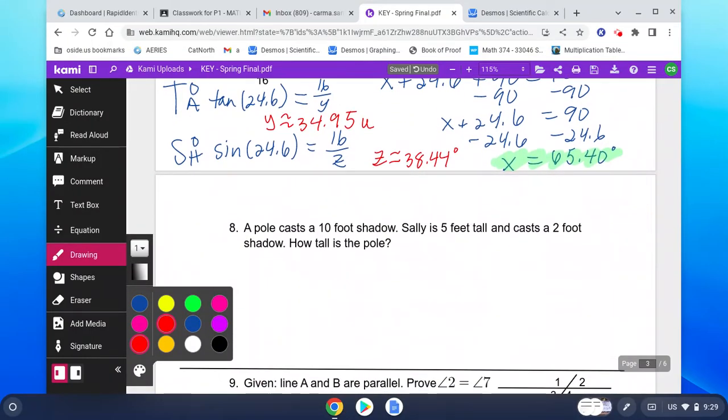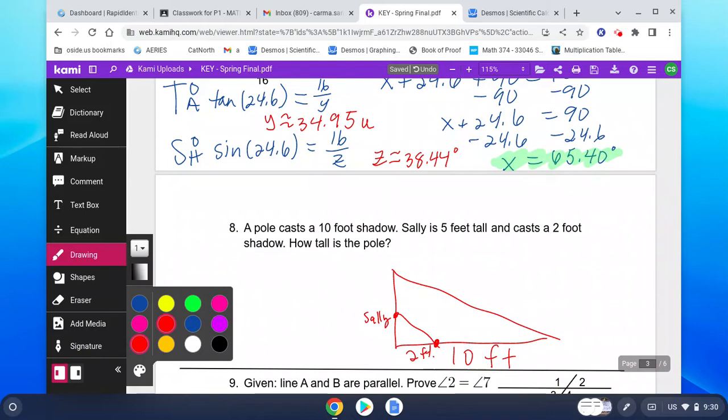Now it says a pole casts a 10-foot shadow. Sally is 5 feet tall and casts a 2-foot shadow. How tall is the pole?